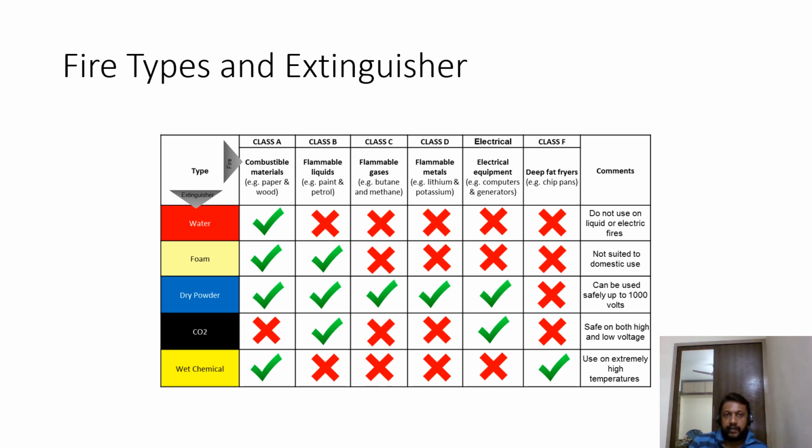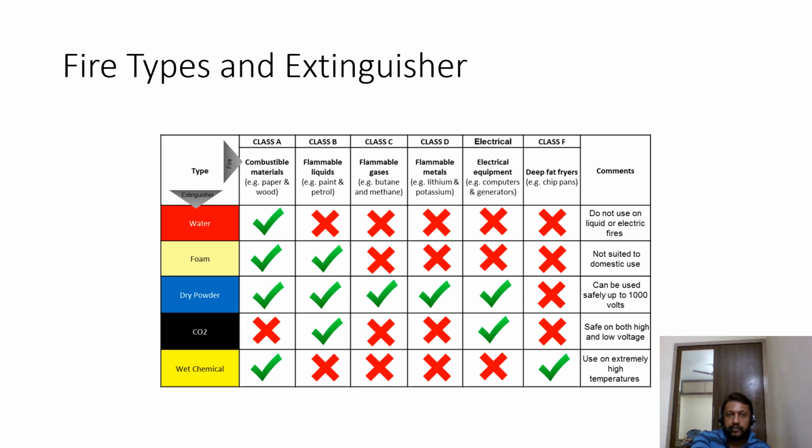And the last, wet chemical can be used for class A and class F. Here class F is nothing but class K. So this wet chemical can be used only for these classes. This chart will be very useful for you to understand what type of cylinders you have to place in your particular area.